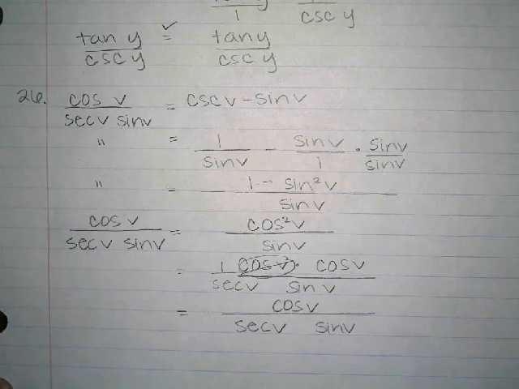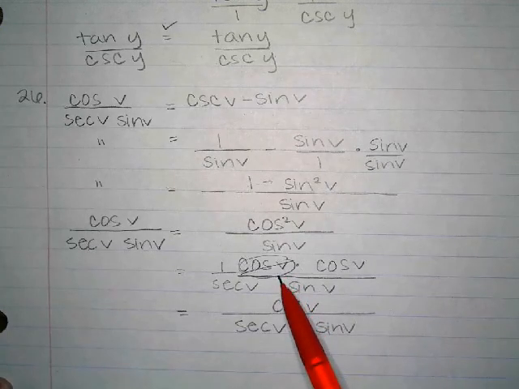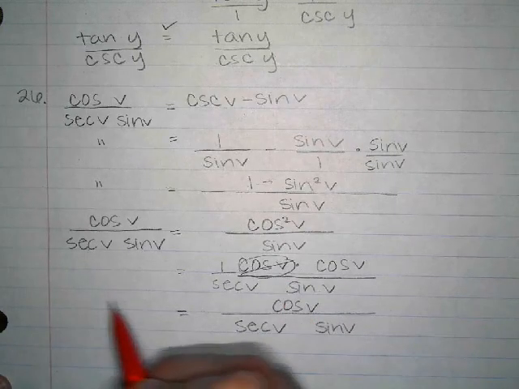Does that make sense how we were able to do that? Take the cos out, turn it into a 1 over secant. And then on the other side, that's just exactly the same thing.